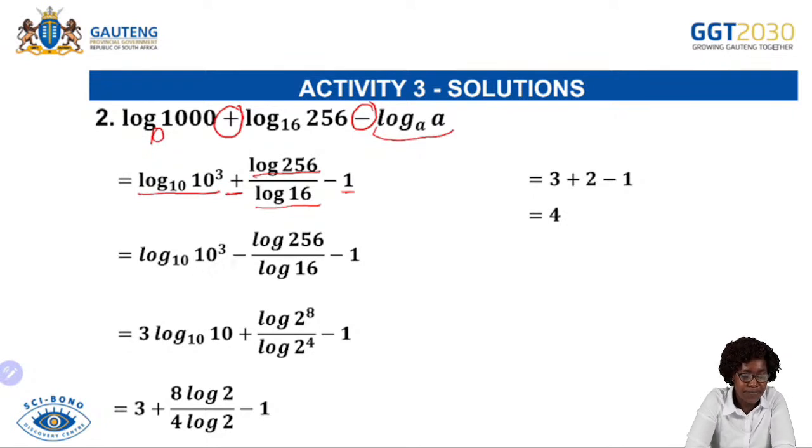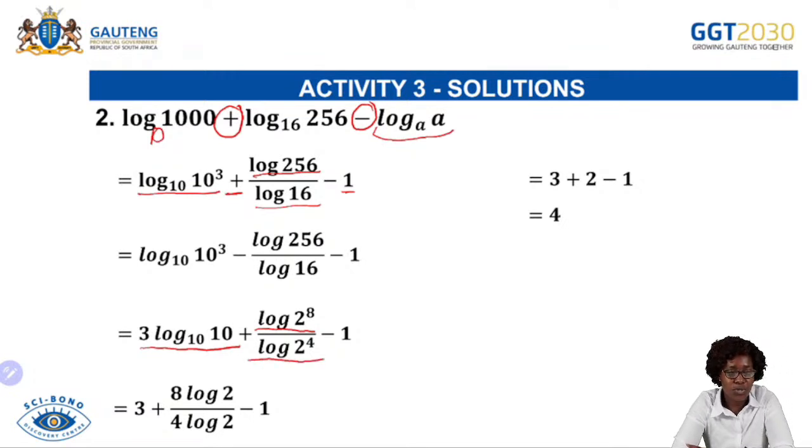Moving on, the log of 10 to the power of 3 to base 10 becomes 3 multiplied by log of 10 to base 10. Then the log of 256 becomes log of 2 raised to the power of 8. The log of 16 becomes log of 2 raised to the power of 4.